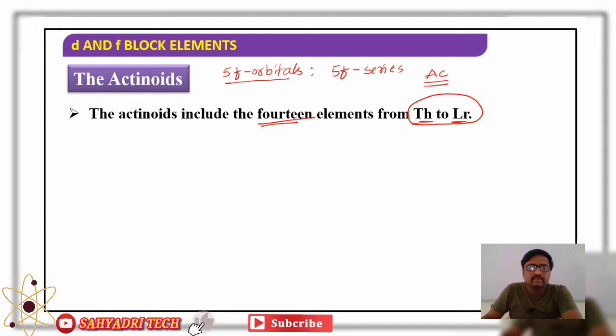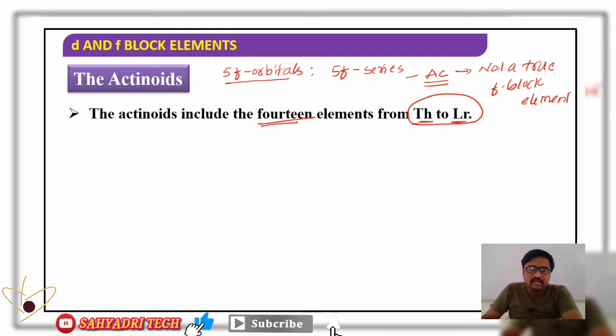Actinium is not a true f block element like lanthanum, but most of the properties of actinium correlate with the properties of f block elements.